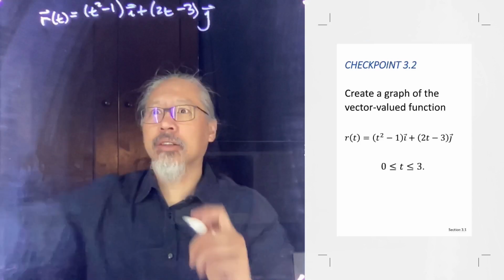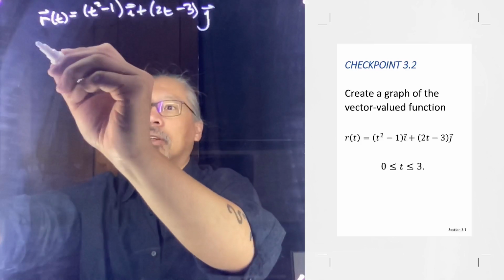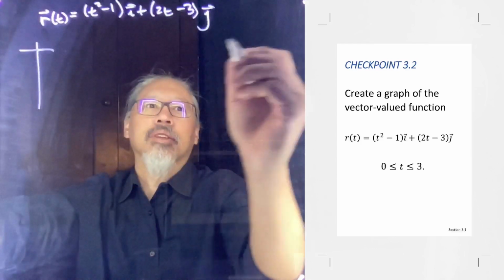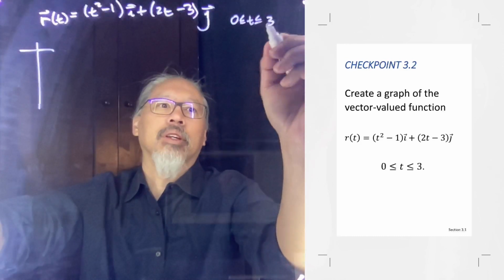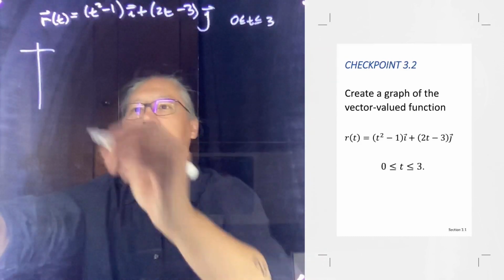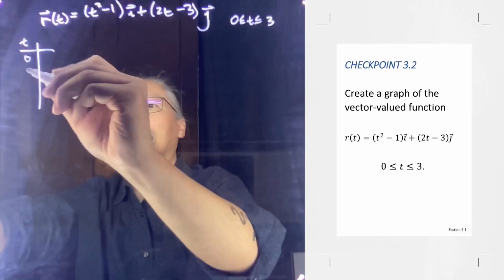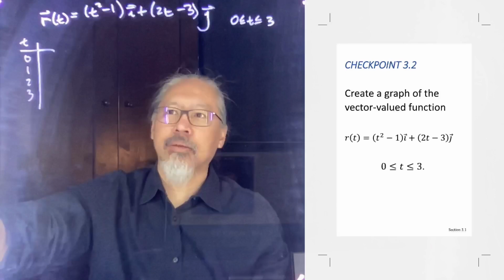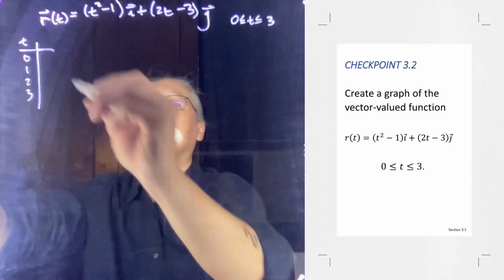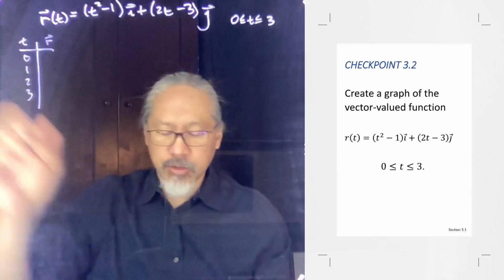Let's start off by making a table of values. Now they give us limits 0 to 3, so we'll just use some nice numbers for t between 0 and 3, and then hopefully that would be enough to be able to describe the graph. And then what we would have here is your r of t.